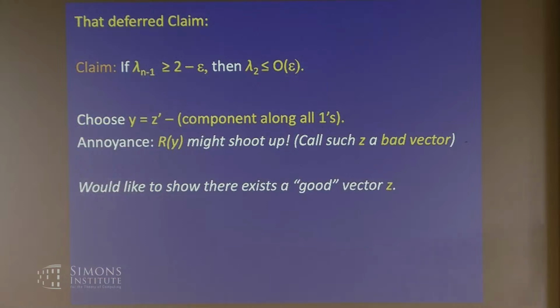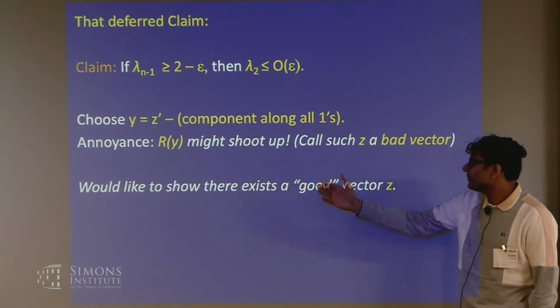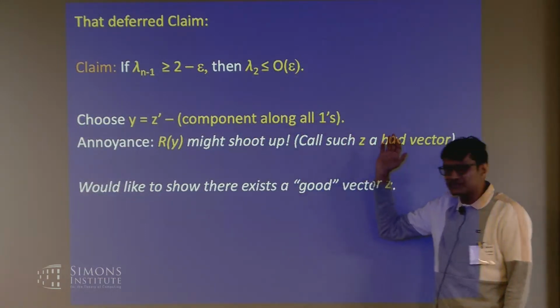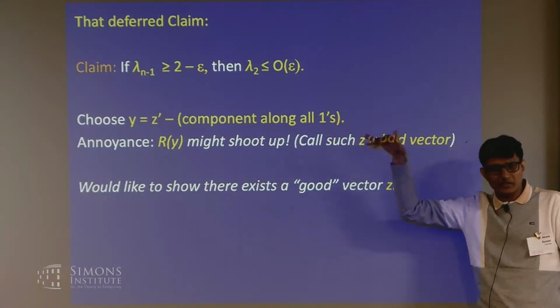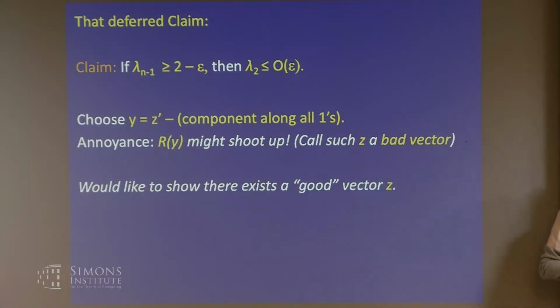So maybe I could choose y to be the vector z prime minus its component along the all ones vector, all ones over square root n. When I say all ones, I mean the unit vector along all ones. But again, there is this annoyance that the Rayleigh quotient of y might shoot up. I'll call such a vector z that you start with a bad vector. I'd like to show that there are good vectors.